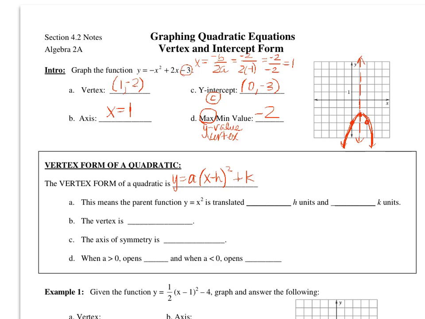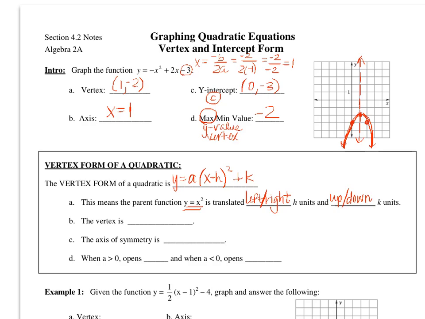Now, this all comes from the basic x squared graph, which we worked on yesterday. What it means is that you're translated, left or right h units, and up or down k units.